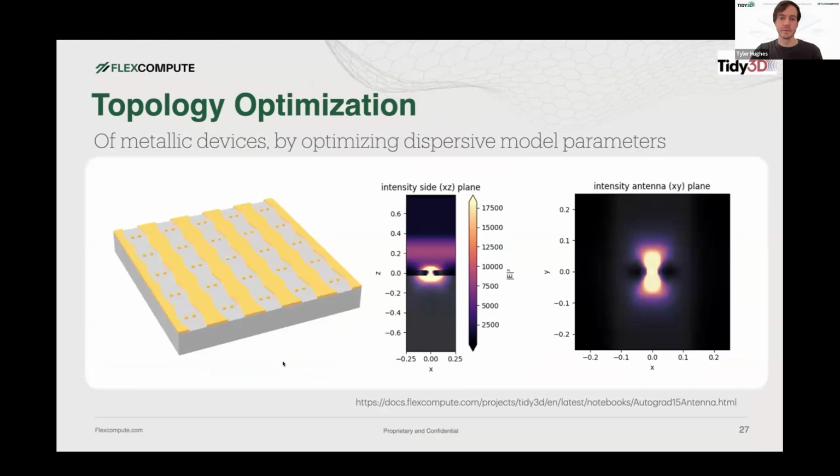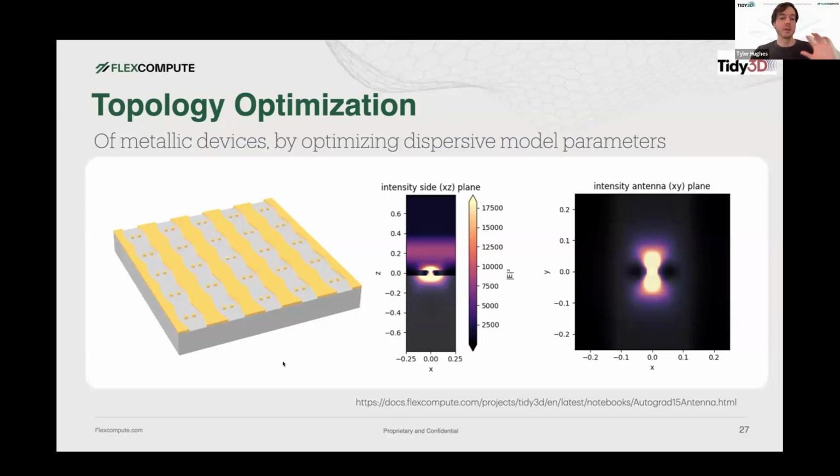Another great thing is we've done topology optimization with dispersive materials. So instead of just interpolating between an epsilon of 1 and an epsilon of 4 or something like that, in this example we did a plasmonic nanoantenna optimization with topology optimization. What we did is we took ellipsometry data from gold. We took the measured N and K values for gold as a function of frequency and fit a dispersive model to that data.